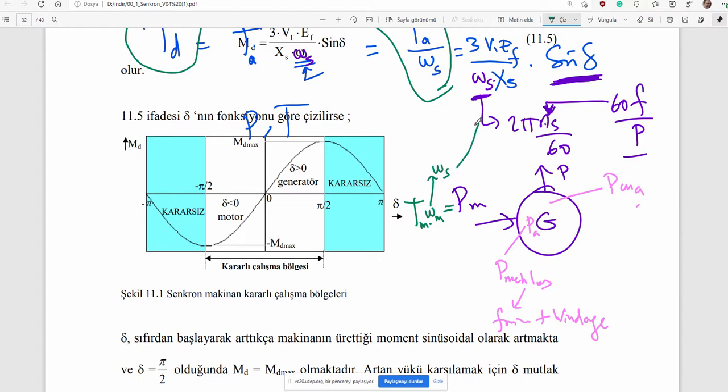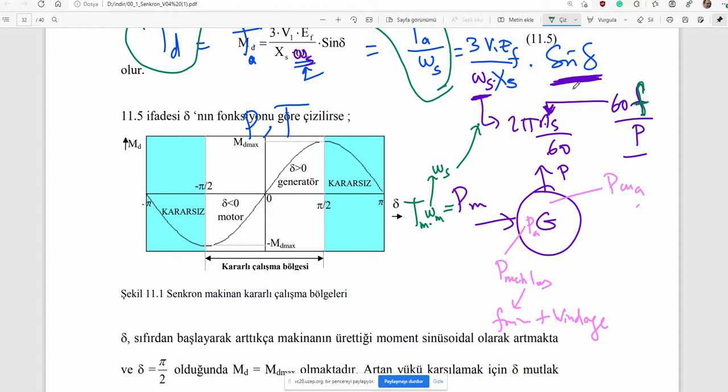And as you see, under constant frequency, synchronous speed is constant. Otherwise, your machine cannot deliver electric power or mechanical power. Synchronous machine only converts energy at synchronous speed. Otherwise, machine will be out of synchronization. There is no stable operation.